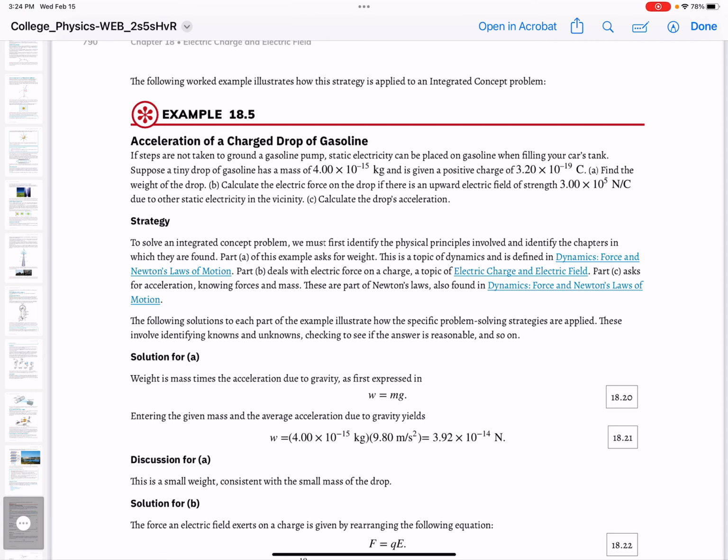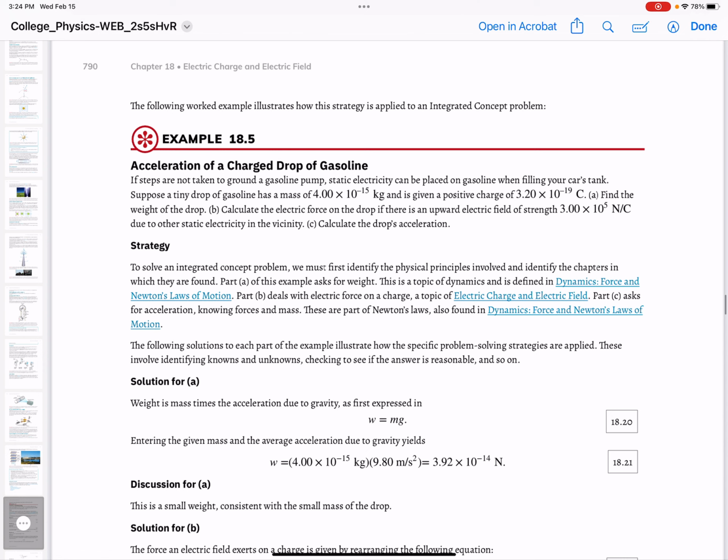So the reason why they're doing this is because let's say you're at a gas pump and there's static electricity around. Who knows, maybe your car is positively charged and a little bit of the gas comes out negatively charged. Then the negatively charged gas will get attracted to your positively charged car. But if it's positively charged gas, it'll get shot away from your positively charged car, and then it goes out into the atmosphere, and you could be blowing fumes out from your car.